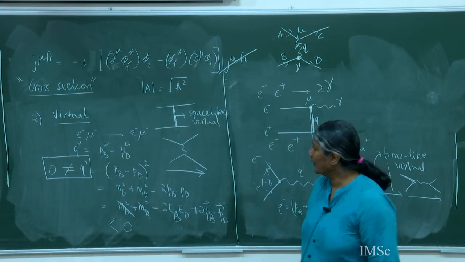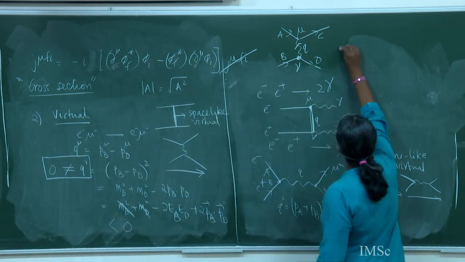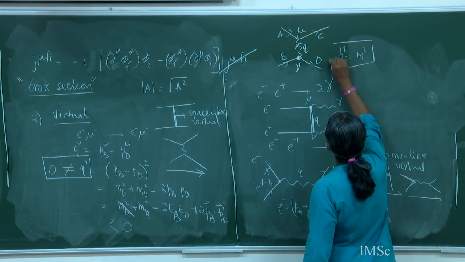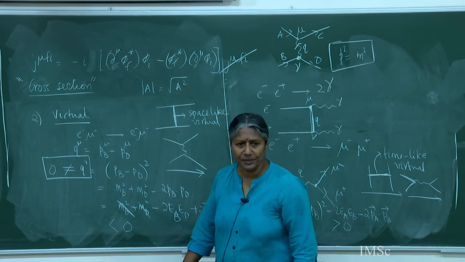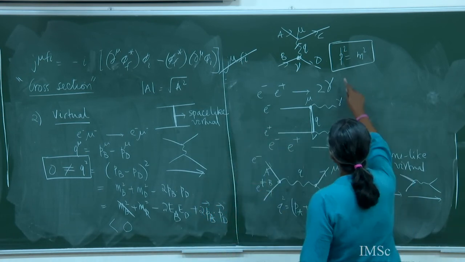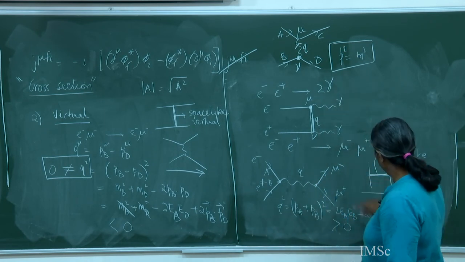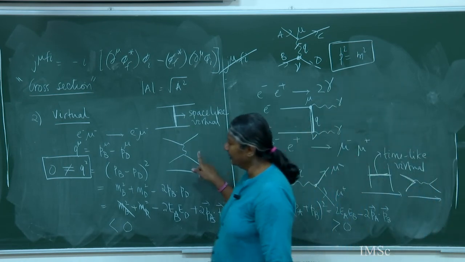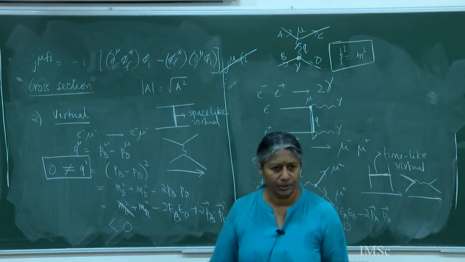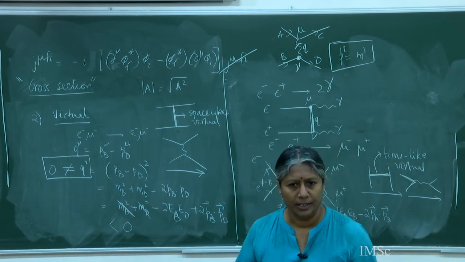What is the equation? P squared equals m squared, right? This is your central equation. Relativity tells you p squared, where p is the 4-vector, equals m squared. So p squared has to be 0 for the photon. But it is neither 0 here nor here. Here it's less than 0, here it is greater than 0, but it's not 0. It's not an observable.